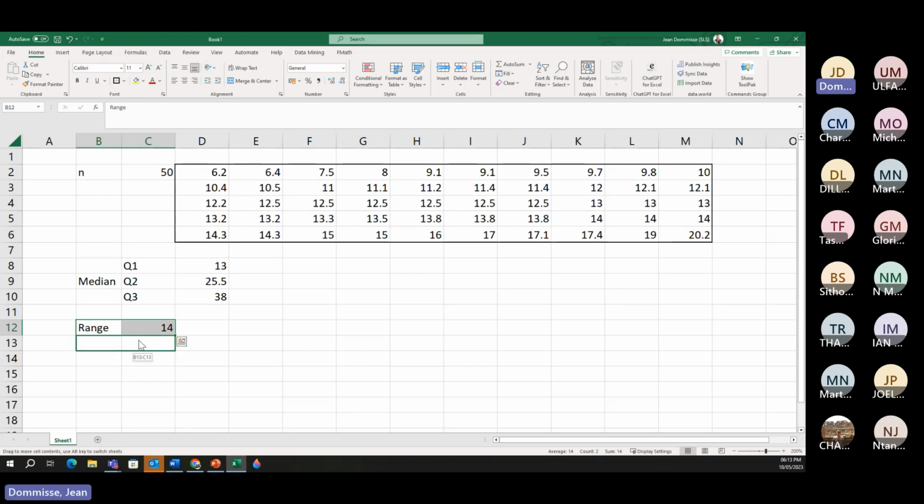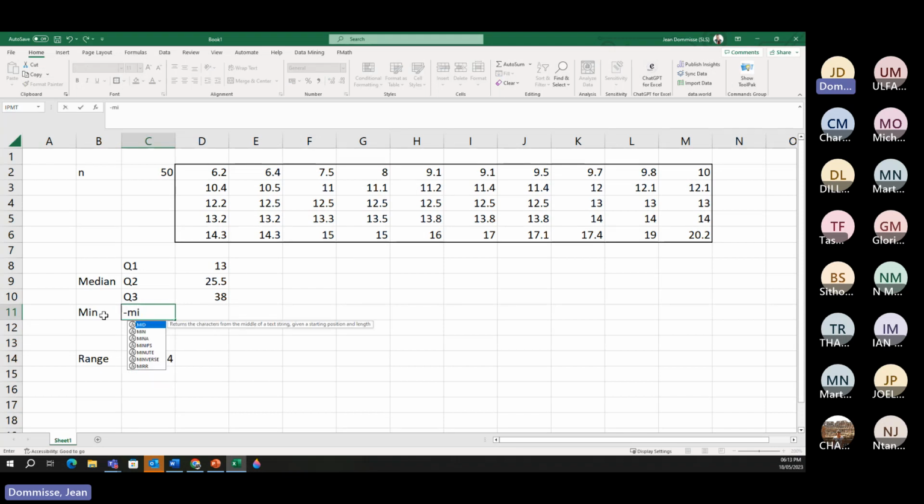So again, what we could have done as well is, just so that I nearly give you all the formulas that you can use for this, we could have done minimum, we could have done maximum as well, and then we could have also set range is equal to that minus that.